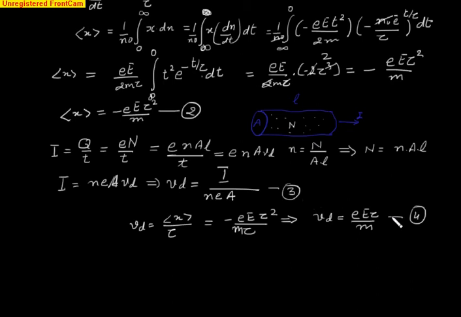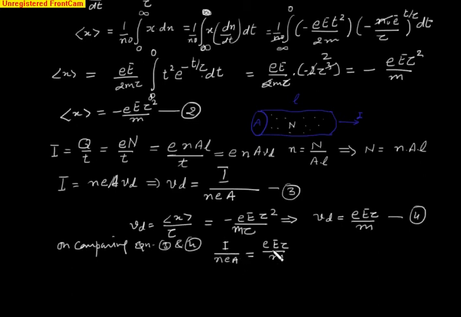Let us compare equations 3 and 4. On comparing equations 3 and 4, what we find is that I divided by nEA is equal to capital E, the electric field, times tau divided by m.